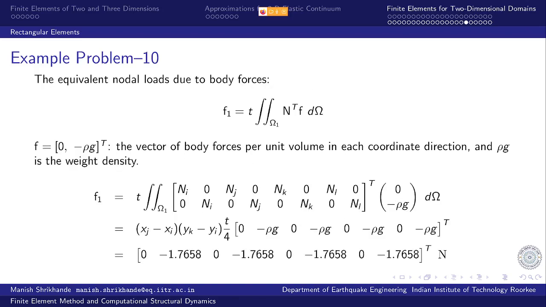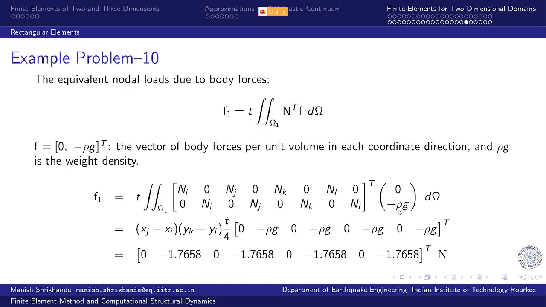So we calculate the nodal loads due to body forces. Body forces will be generated by the gravity load, self weight. So that is what is evaluated here. That's vertically downwards, so there is no component of body force along x, but in the vertical direction there is going to be a self weight component, and that is what is referred to here.